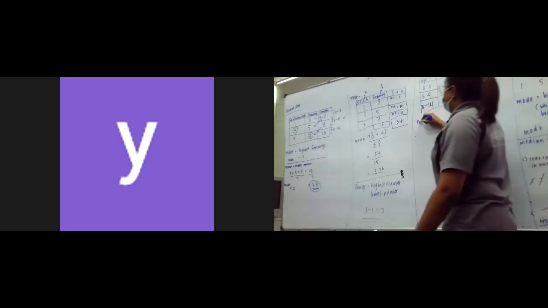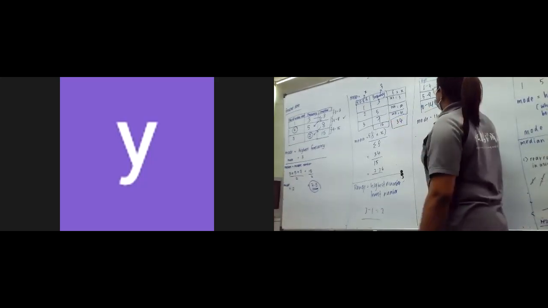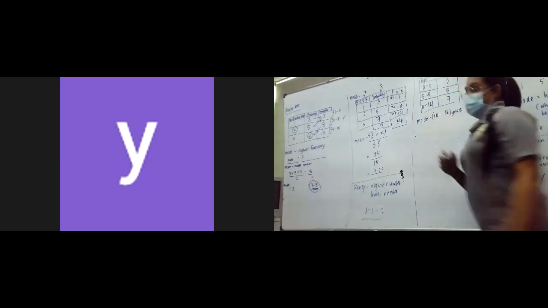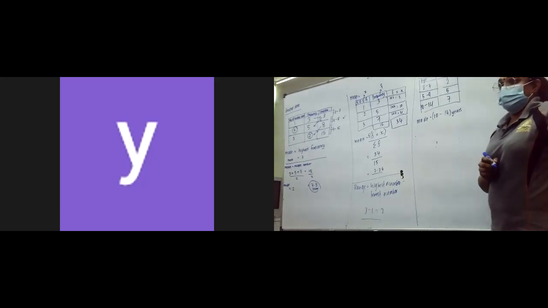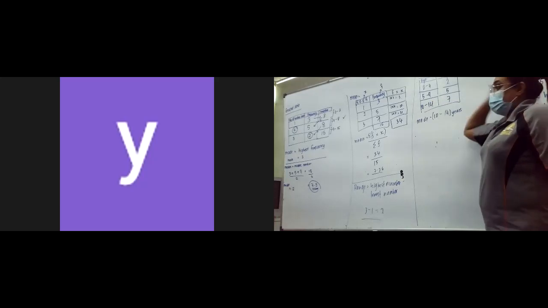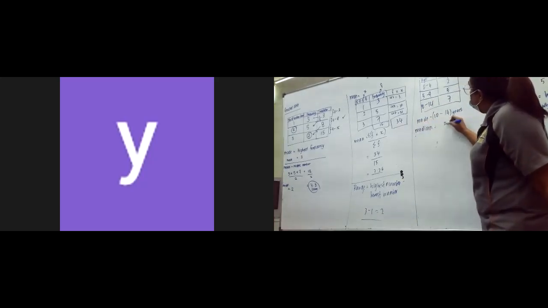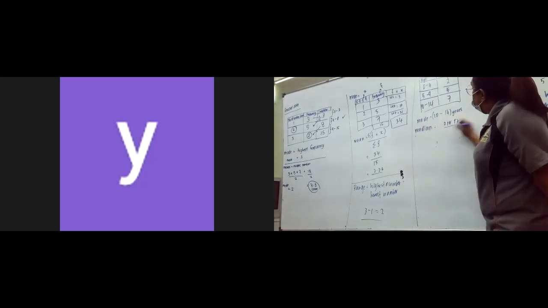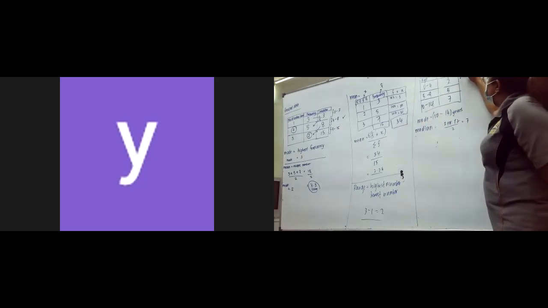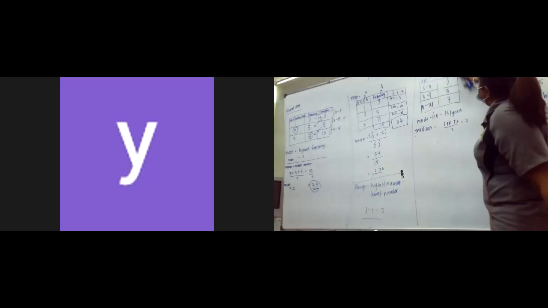So now, mode, how much? 10 to 14. Because the highest frequency is there. So your median, the same way I did. You take 2 plus 5 plus 7, which is 14, divide by 2, you get 7. So the 7th value is, this is from 1 to 2, this is 3 to 7.